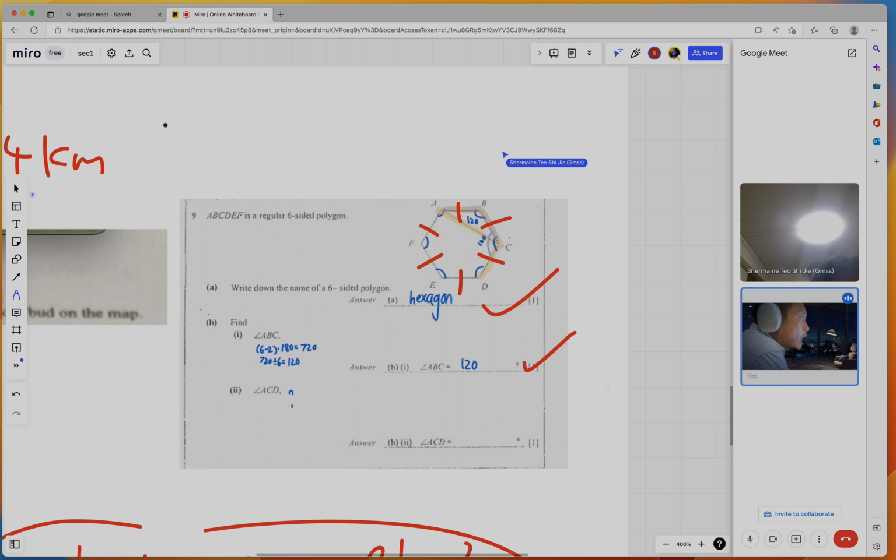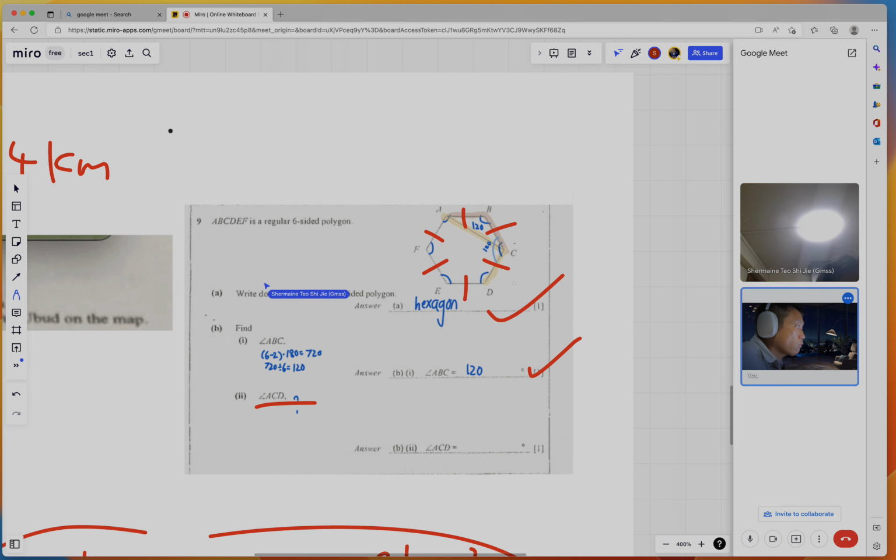Can you use a red color to label ACD? This one, ACD. You label properly, okay? Where's AC? Correct. Actually, it's the small one, not the entire one. So it's just this part.